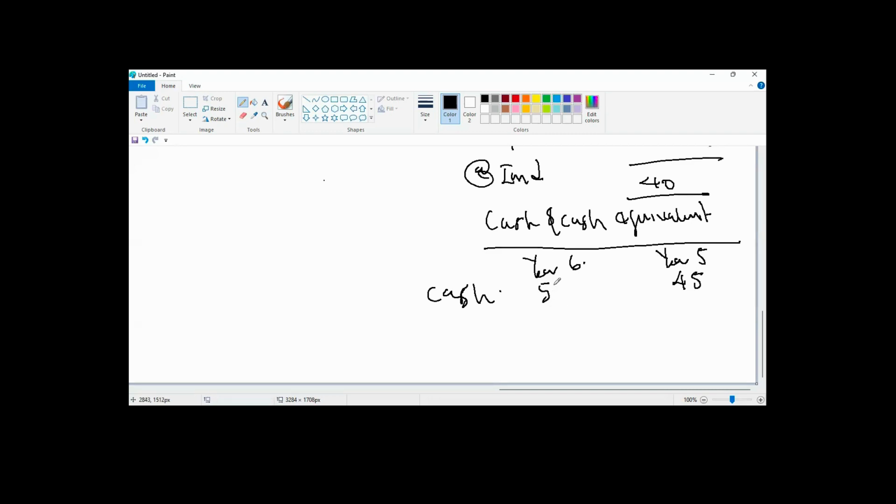Why is this one 55? Then bank overdraft, there was no investment. Bank overdraft.